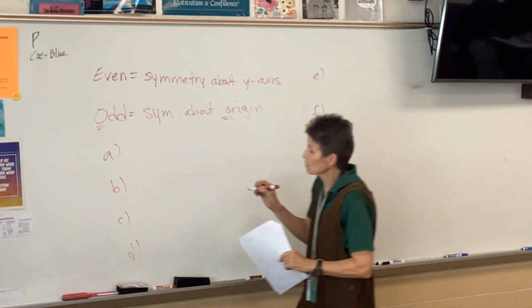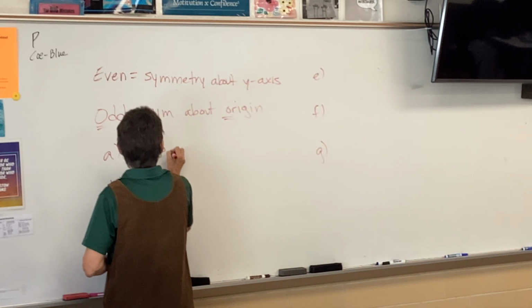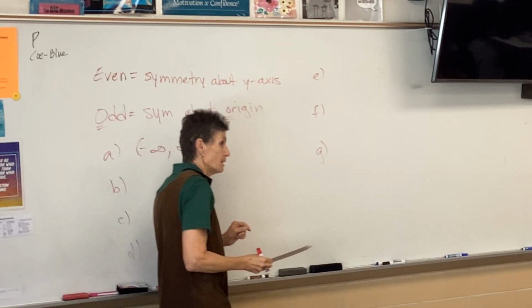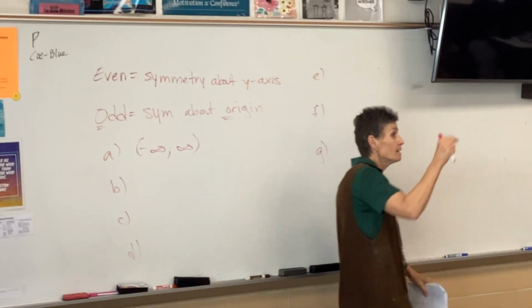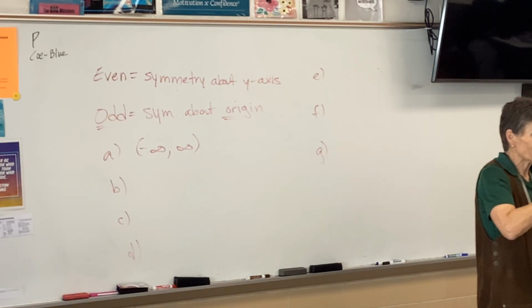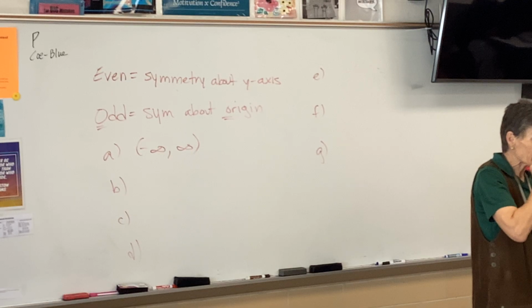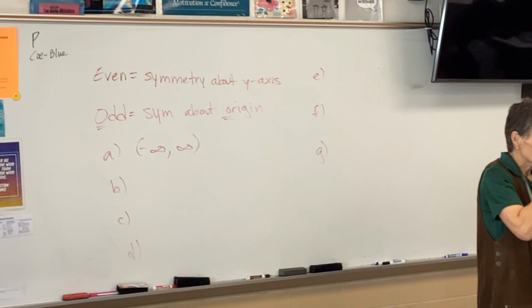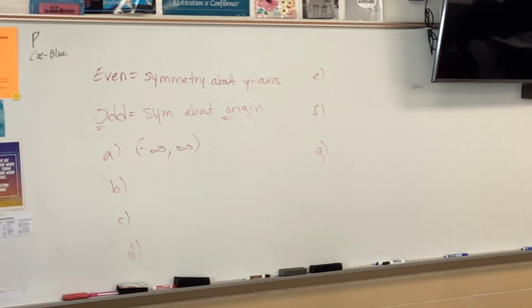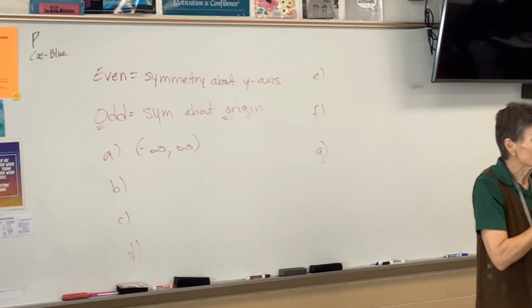For letter A, it's all over. Absolutely. The first one has no problems. What causes problems with domain? Well, B has a problem. What's the problem with B? X can't be 3. Why can't X be 3? Because 3 minus 3 is 0. And you can't have a 0 in the bottom.